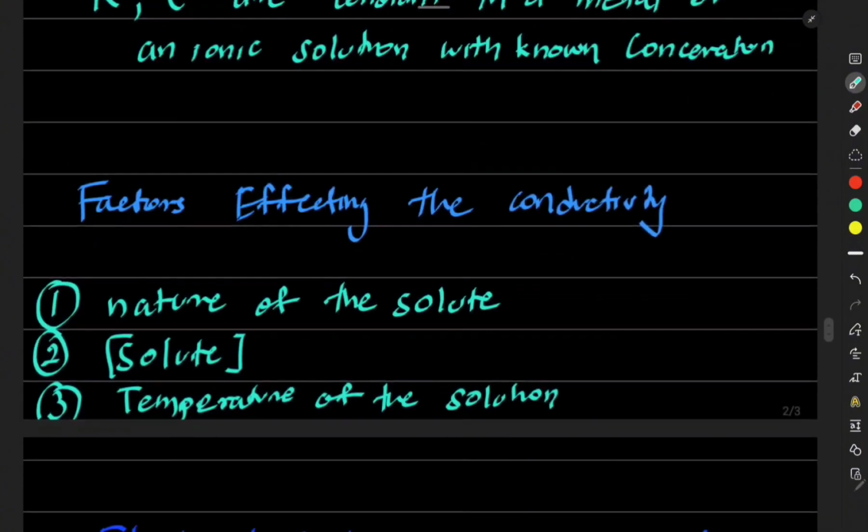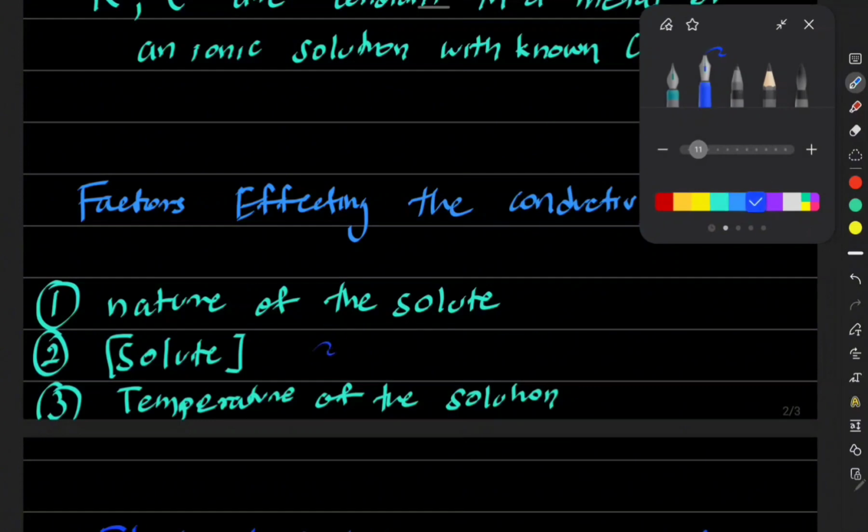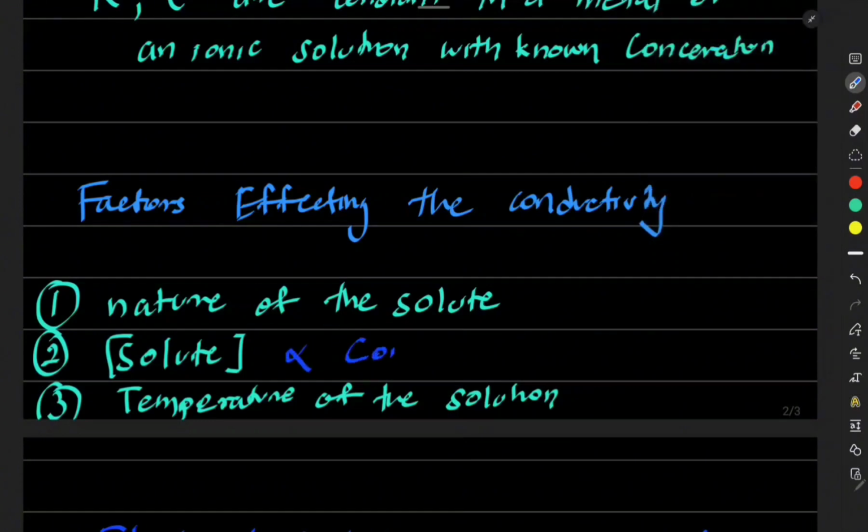If we consider the nature of the solute and concentration of the solution, if the concentration of the solution decreases, conductivity also decreases. It is directly proportional to conductivity. So if the solute concentration increases, conductivity increases.